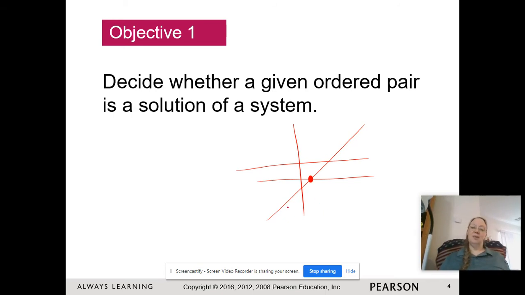Now, with this point where they cross, notice that this point is on this line. It is also on this line. That means it's going to be a solution to this equation, and it's going to be a solution to that equation as well. So when we have to figure out if it is a solution to a system, we have to check it in both equations, this one and this one.